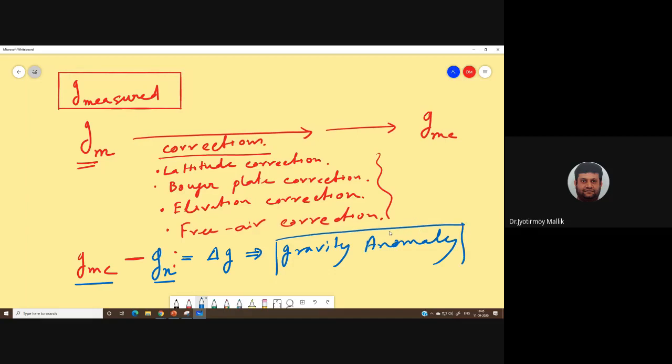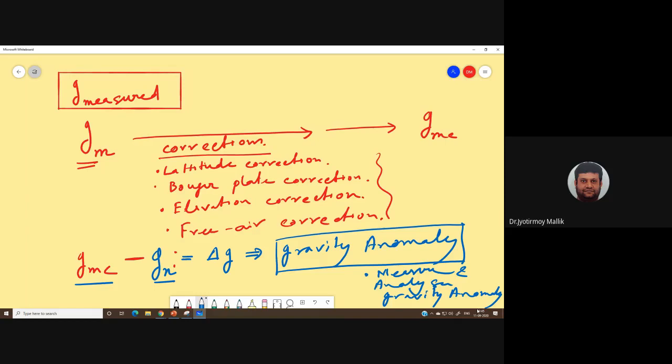So the sole purpose of the gravity technique is to measure, analyze, and of course interpret gravity anomaly. And what is gravity anomaly? Gravity anomaly is the difference between g measured and g theoretical.